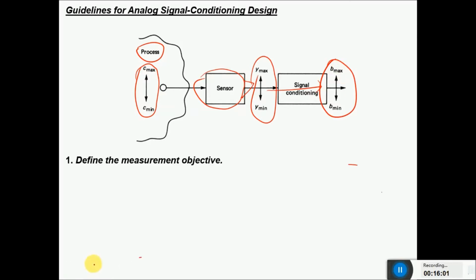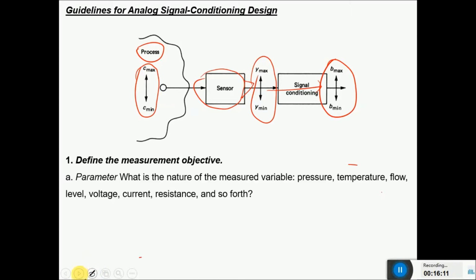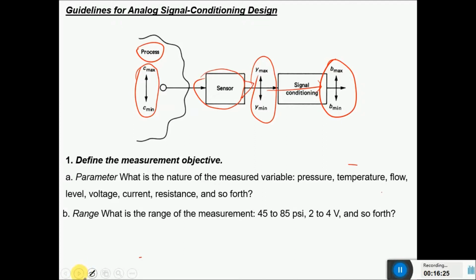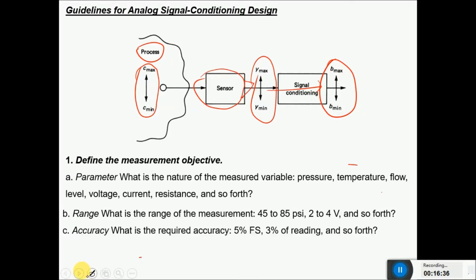So what we have to do? First, we have to define the measurement objective. Defining the measurement objective includes determining the parameter and determining what is the nature of the measured variable, that is pressure, flow, level, voltage, current, etc. What is the range of that measurement? For example, 2 to 4 volts, 25 to 96 degrees Celsius, and so on.